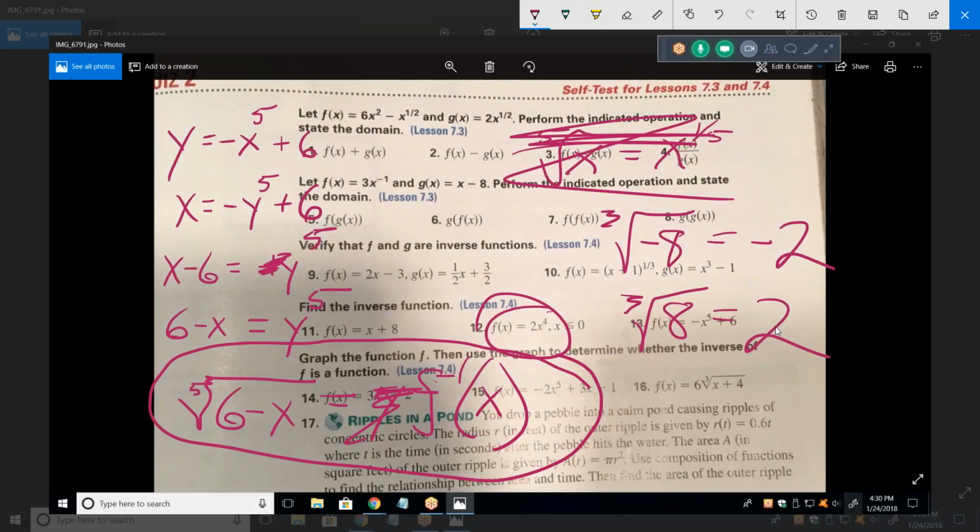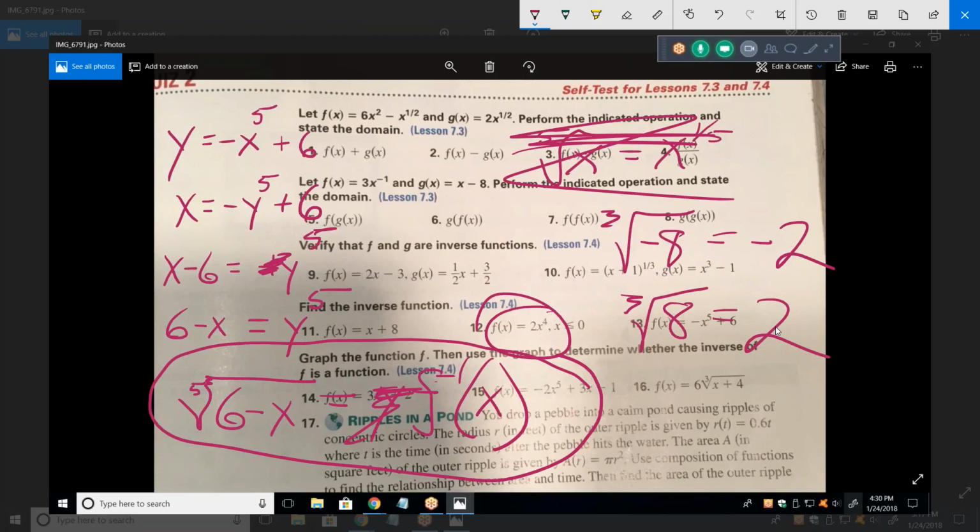This y down here is f inverse of x, whereas this y up there was f of x. So I switched it to y only to make solving for the inverse a little easier. It's more confusing when you're staring at f of x and f inverse of x.